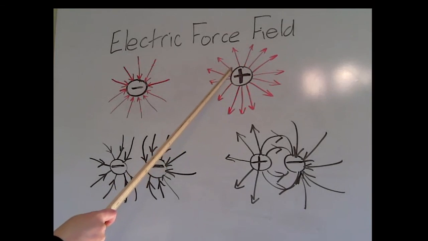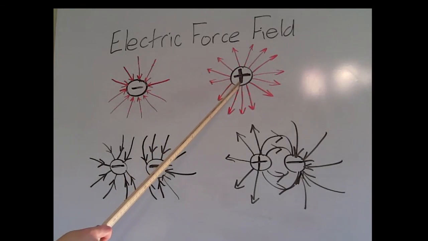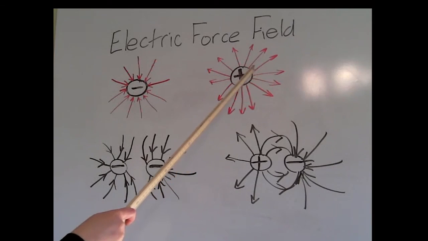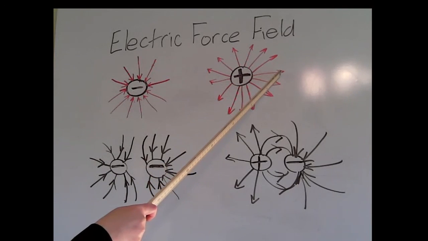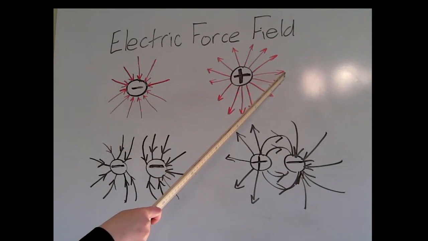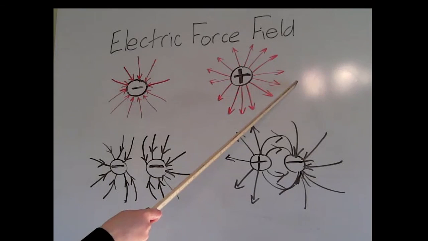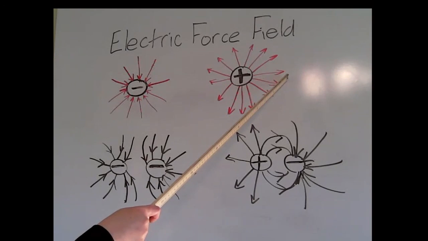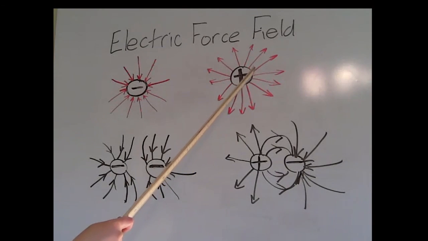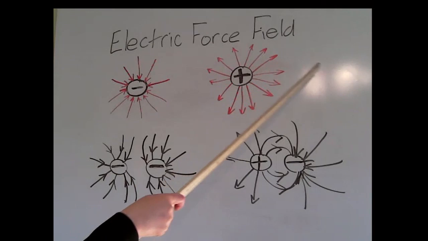You'll see there's a positive charge, and we have these force vectors drawn away from positive charge, and that's due to the fact that we're assuming a test charge that is positive. So the convention is to use a positive test charge, and so if we had a positive test charge out here, these lines would be repelling away.